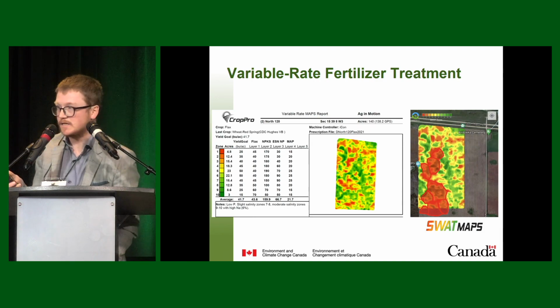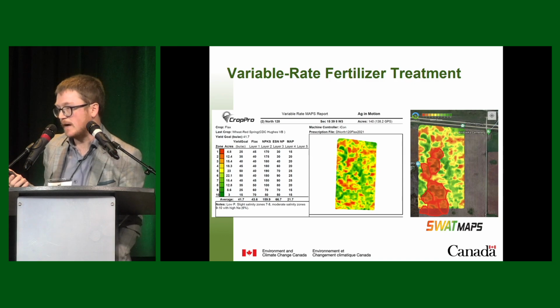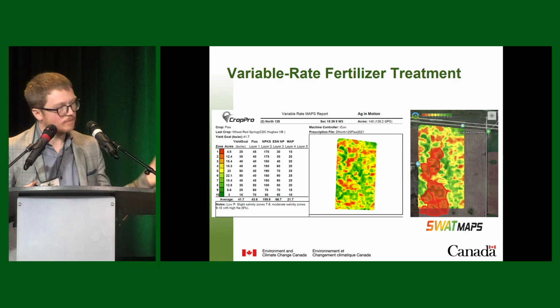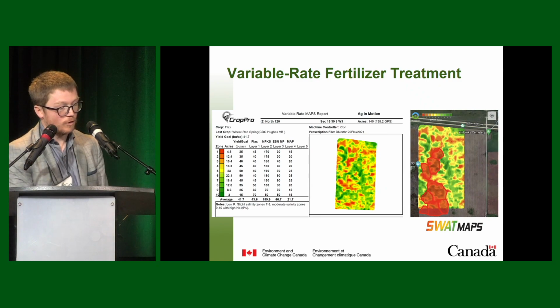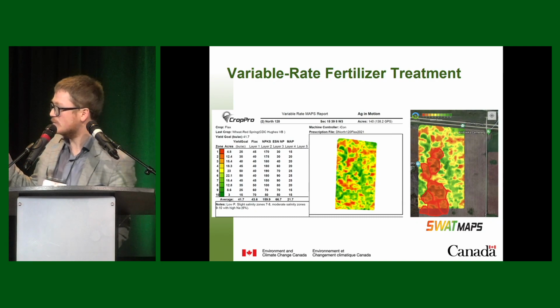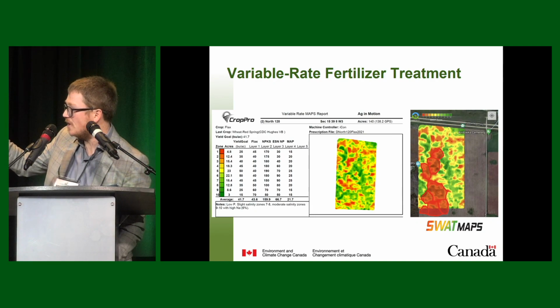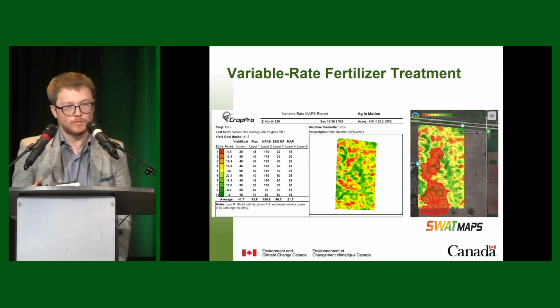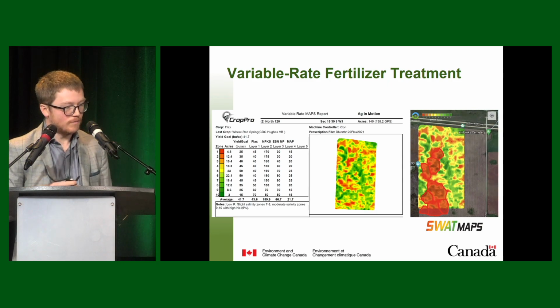Again, the idea is to reduce our fertilizer application rates to the bottom of those basins to see if we can use some of the residual nutrients and therefore limit losses in runoff water. How this is done is we have our polygons of our basins, we overlay that on top of the SWOT map, and then we can use commercial seeding equipment to implement these treatments.